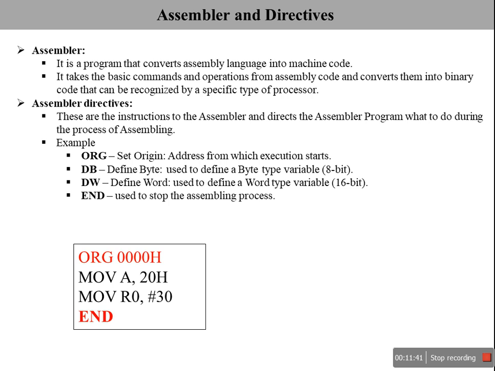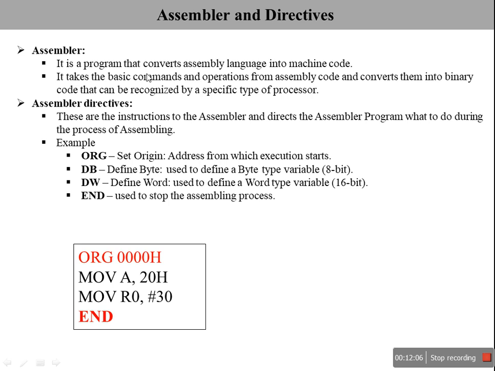Okay, so let's look at assembler and directives. The assembler is a program that converts assembly language into machine language. It is the machine language that will ultimately be executing on a processor or a controller. So we need to convert into some machine code, which will be understood by a controller.